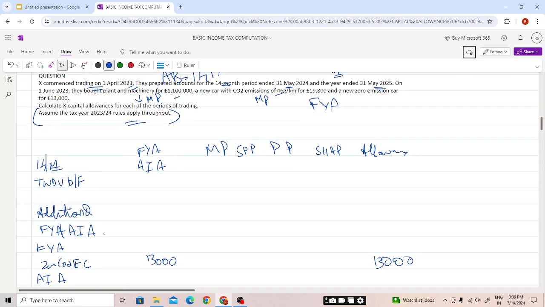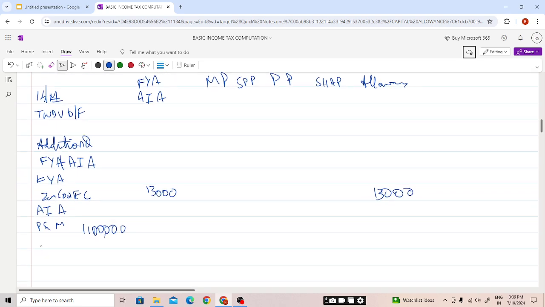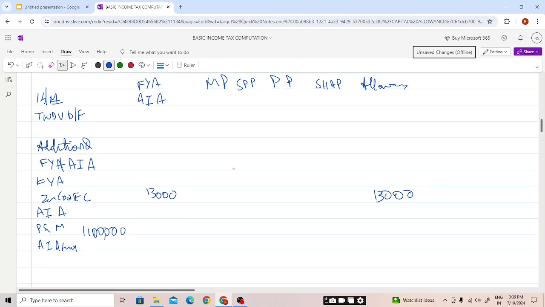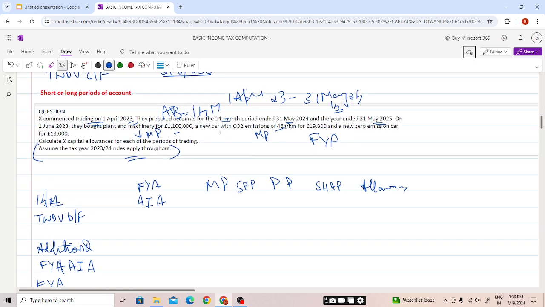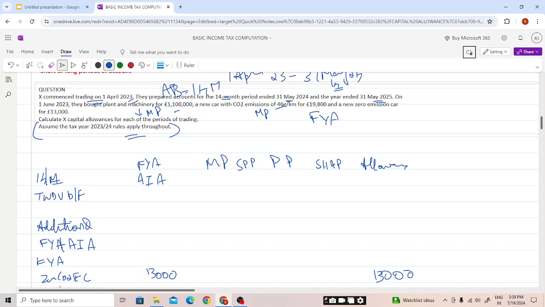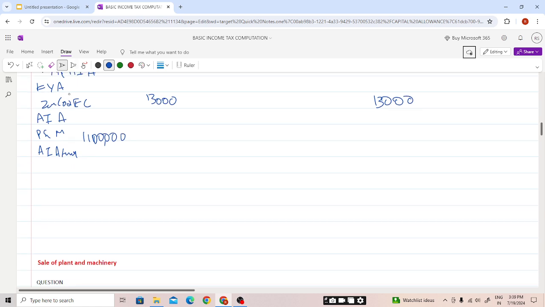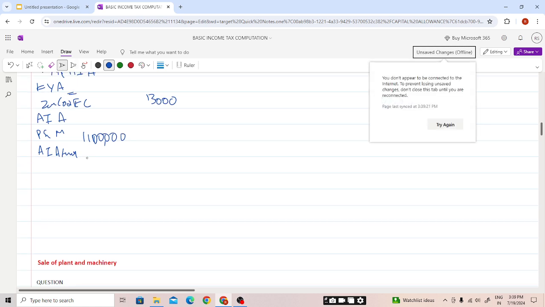Now the AIA limit. We can claim AIA up to the limit for each 12 month accounting period. But here, students, our accounting period is 14 months, so we need to increase the limit. For FIA we will not increase it. For AIA we need to increase the limit.